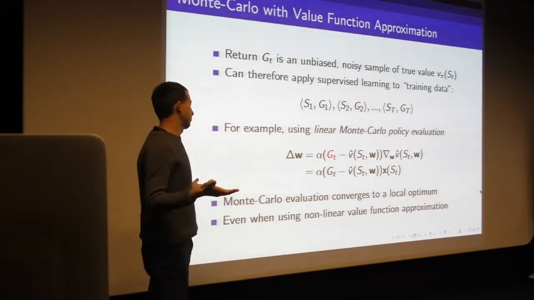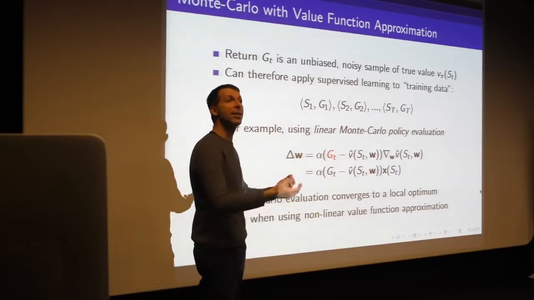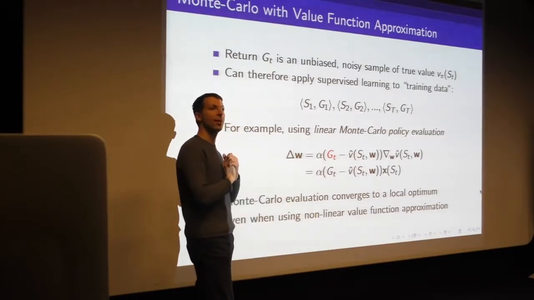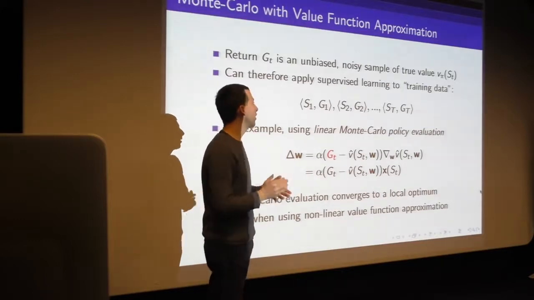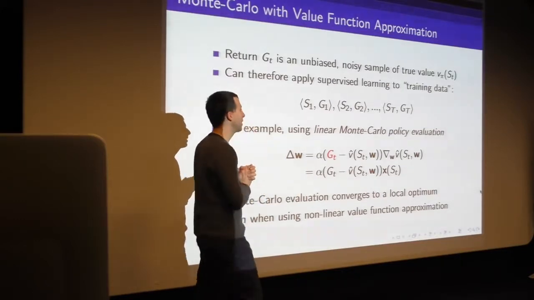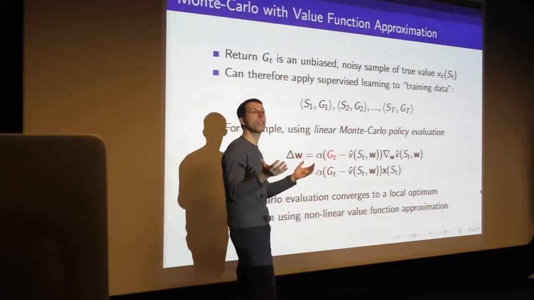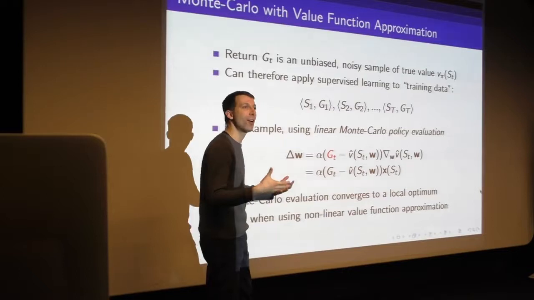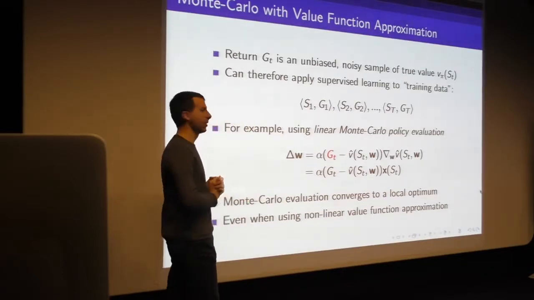And we know that this has to work because we're just doing stochastic gradient descent. Stochastic gradient descent converges to an optimum, and we know that Monte Carlo learning gives us an unbiased estimator of the true target. So essentially it's as close as you can get to an oracle. It's just a noisy oracle. And so this will work, it just may be a little bit slow.